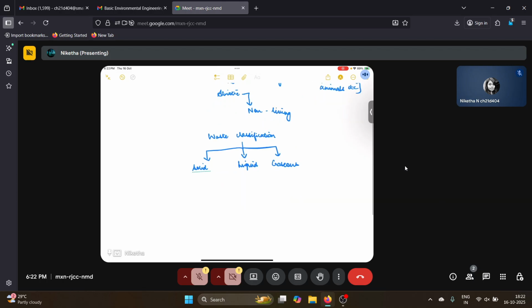All these three are different kinds of pollutants which may exist along with each other in the environment. And in order to protect or conserve the environment, accordingly, we will treat the solid waste and the environment.